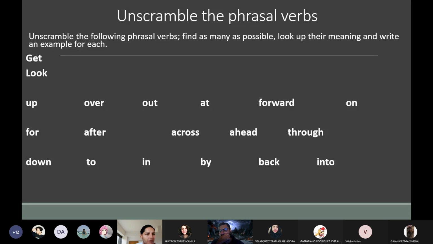Or look into, to investigate. Or the differences, this is very interesting: look up. You look up a word, you don't look for a word, but you look it up. And you have two possibilities to say, I want to look up that word, or I want to look it up.